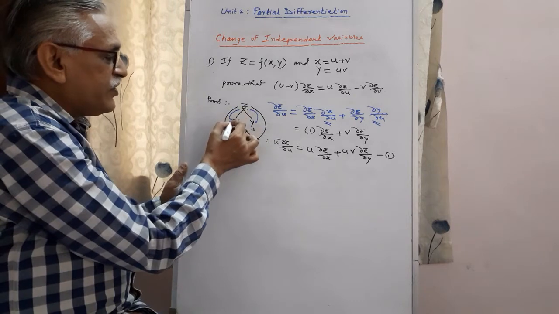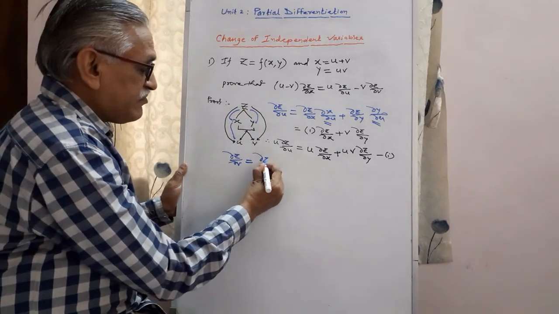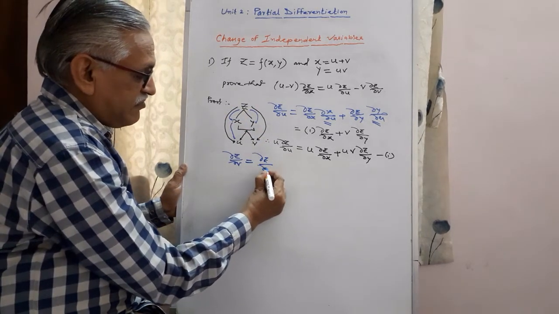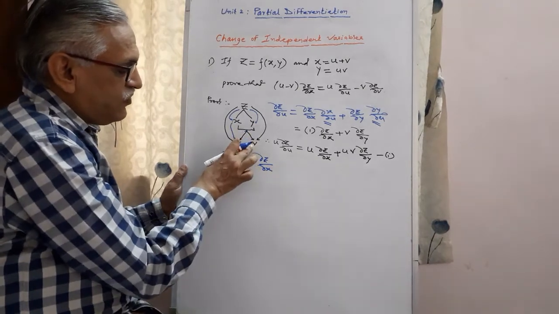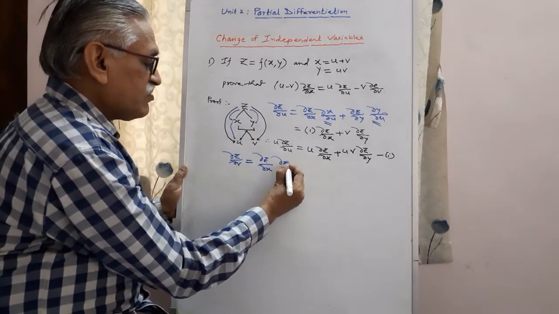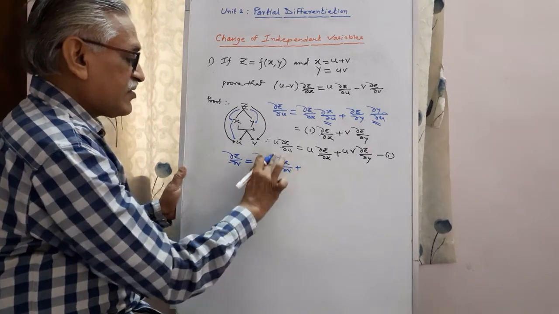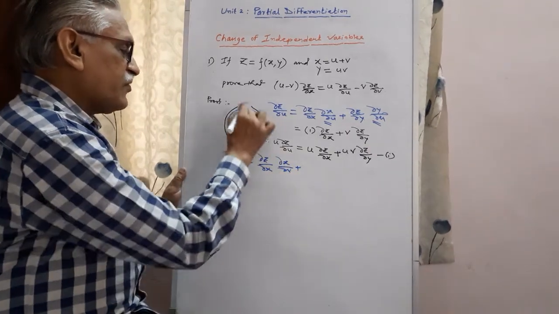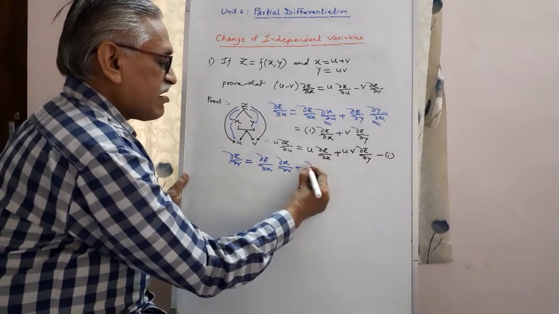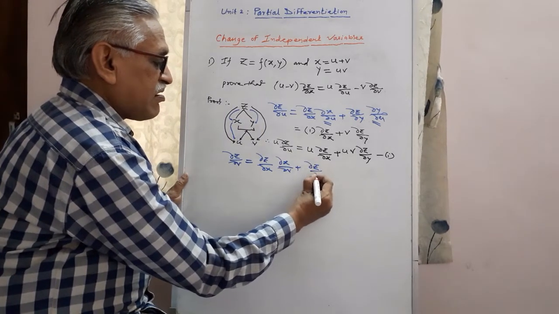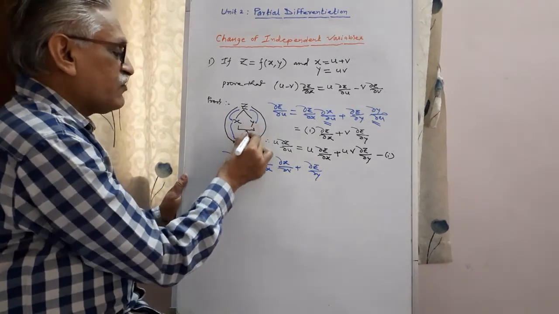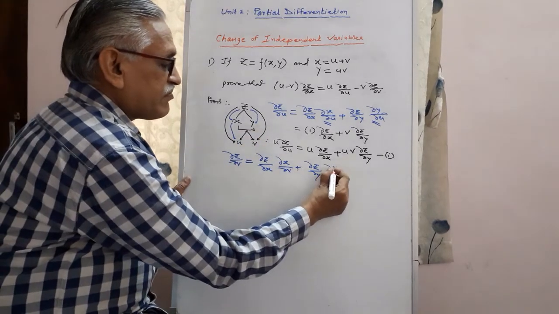Therefore, again differentiating z with respect to x, and as x is a function of v, its derivative with respect to v. Then differentiating with respect to y, and then differentiating y with respect to v.